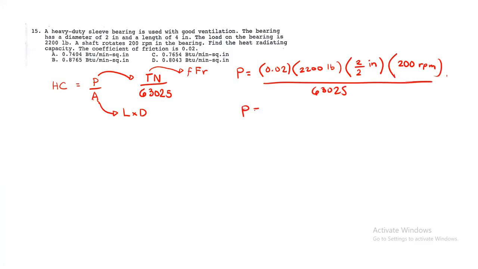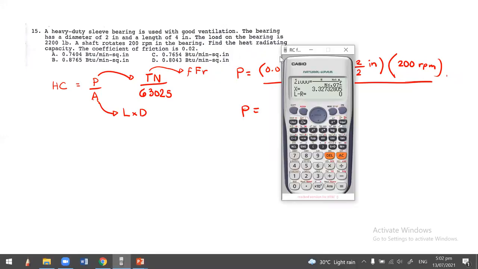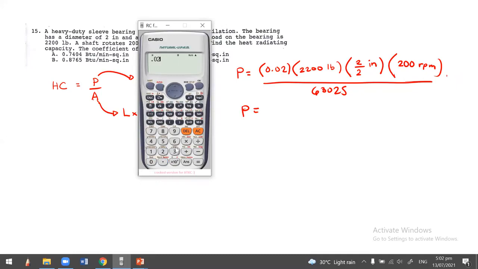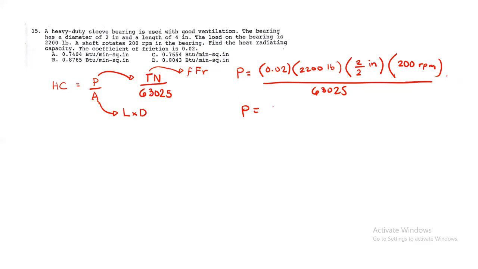Yung power natin na makuha dito is in HP. So, 0.02 times 2,200 times 1 times 200 divided by 63,025. So, 0.1396 HP.